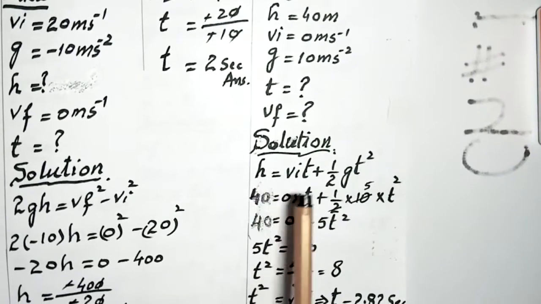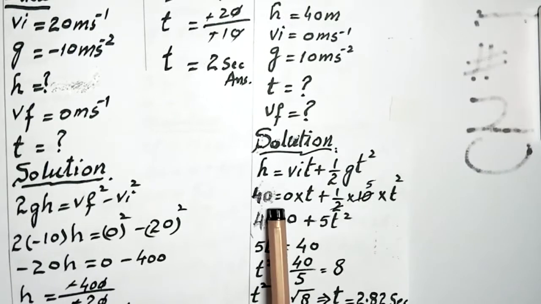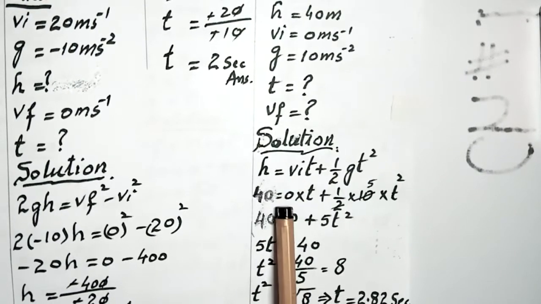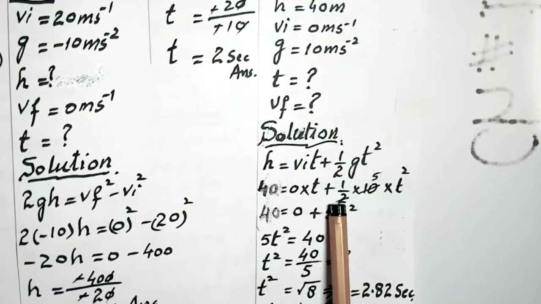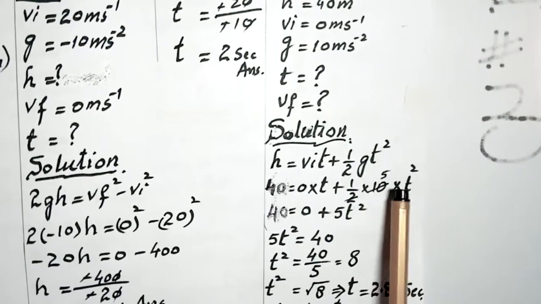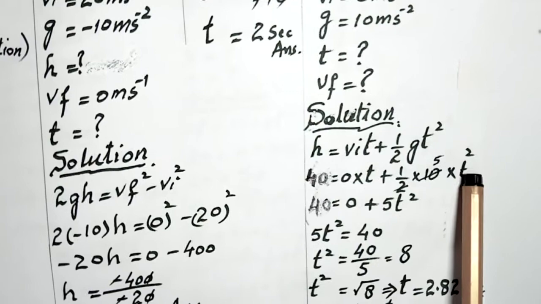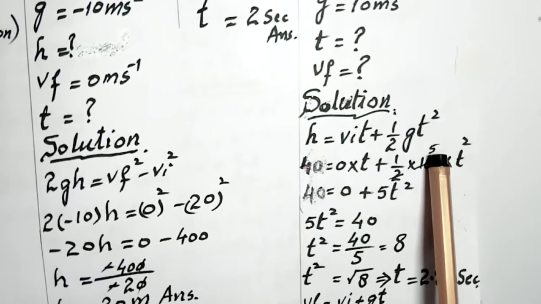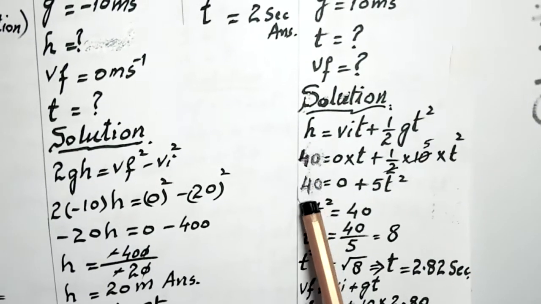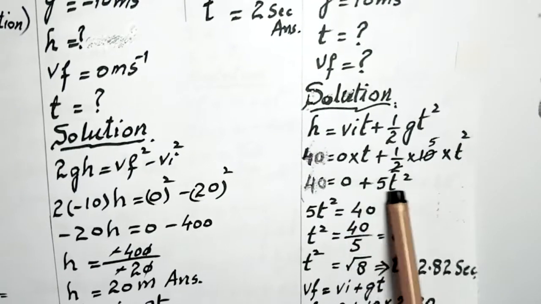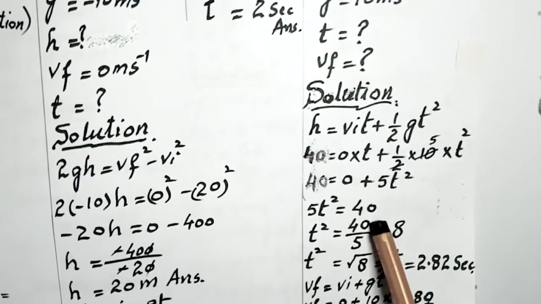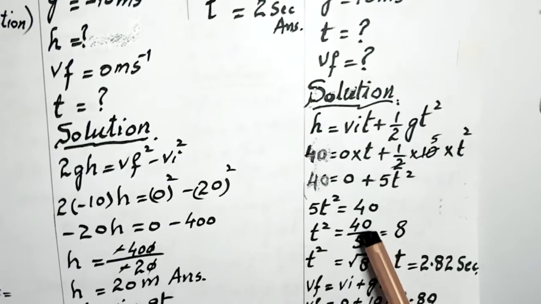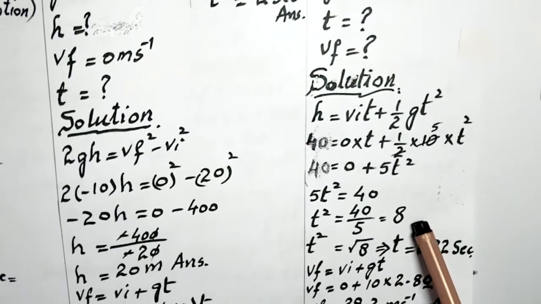Instead of height it is given 40 is equal to Vi 0 and t as well plus 1/2 multiply 10 multiply t square. So 2 5s are 10. It comes 40 is equal to 0 plus 5t square and 5t square is equal to 40, t square is equal to 40 upon 5, it comes 8.